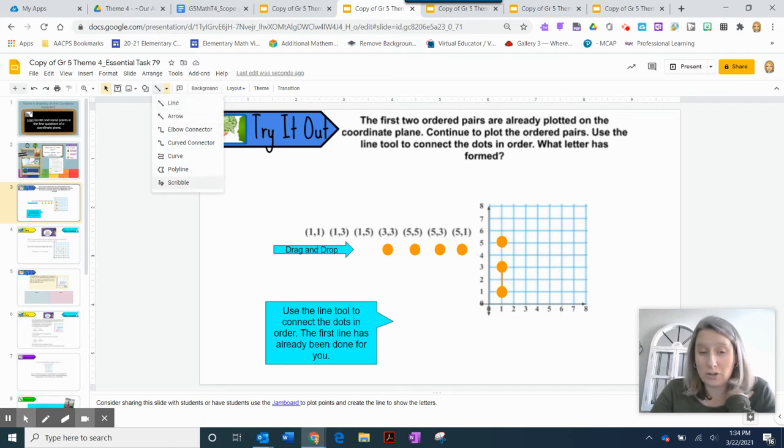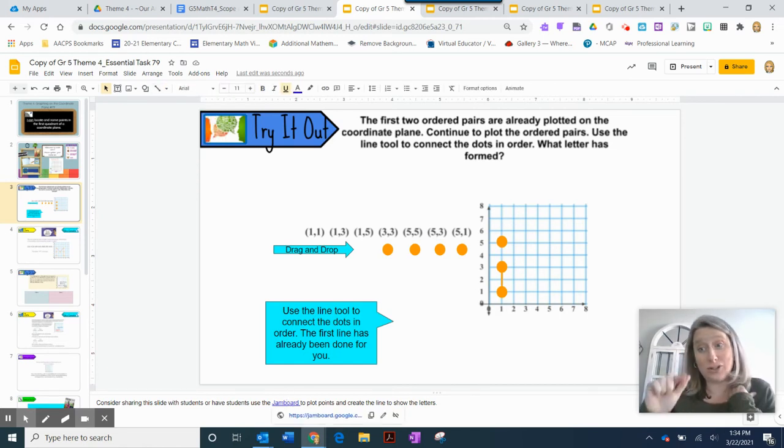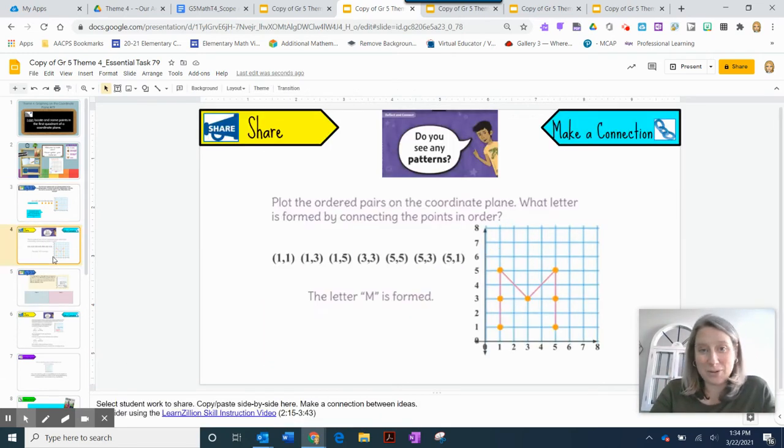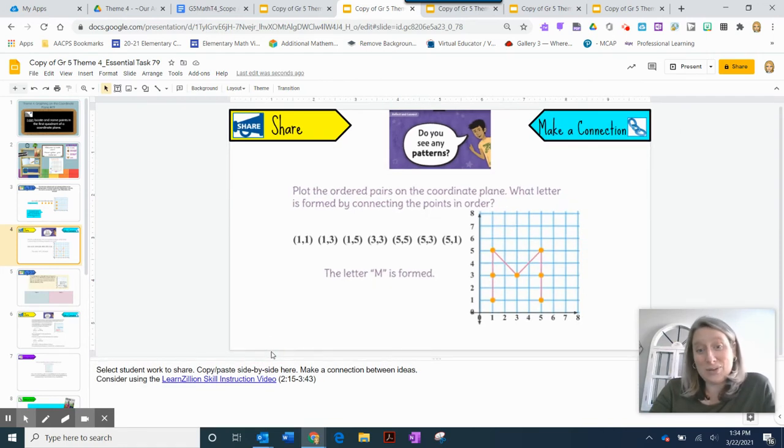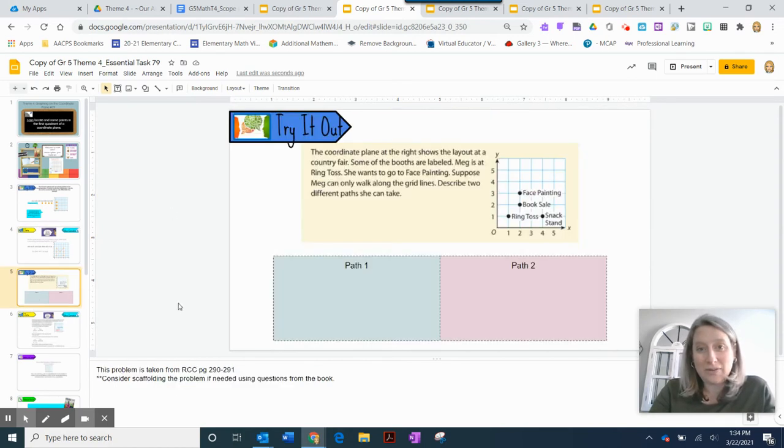They could also scribble to connect the dots. There's also a Jamboard here that they could use with their fingers to connect the dots. Whatever is easiest for students, have them go for it. This is really practicing plotting points and using those ordered pairs. There's a LearnZillion video there to help if needed.